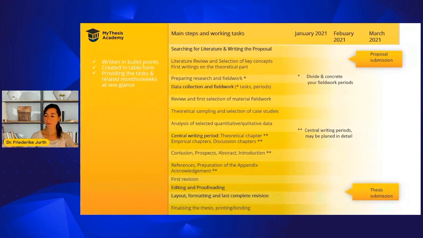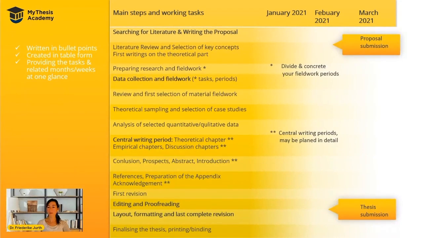Well, now I'd like to go over to some concrete examples where I show you what a time and working schedule can look like and provide some models with different characteristics. Here you can see a working schedule that is first made in just bullet points and then created in a kind of table form.